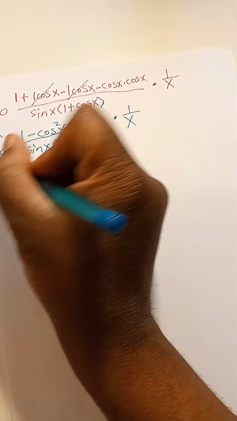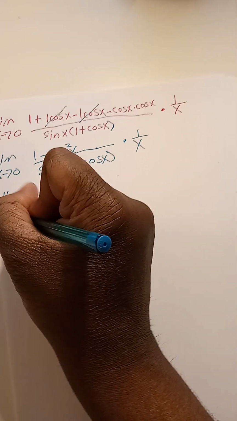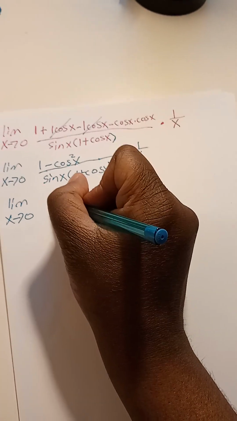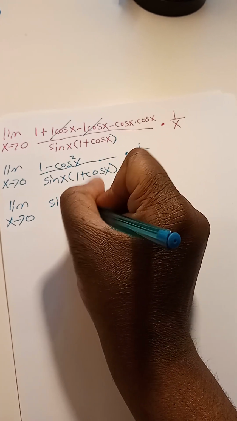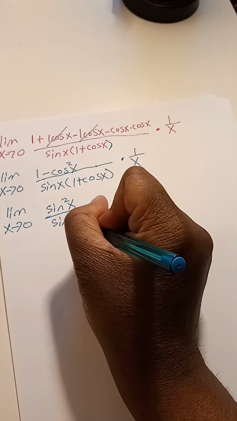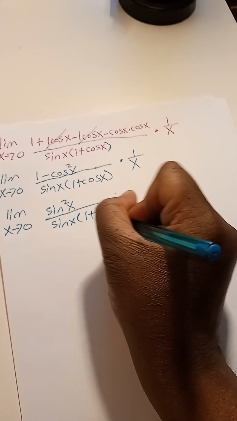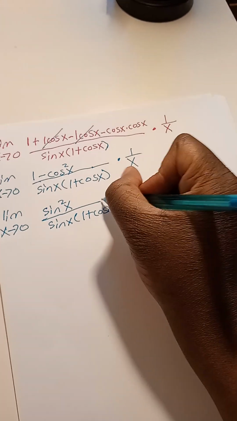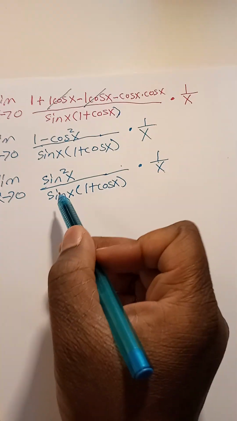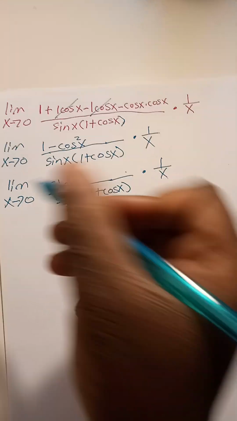So let's replace this. The limit as x goes to 0, and replace 1 minus cosine squared of x with sine squared of x, because that is the trig identity, all divided by sine of x times 1 plus cosine of x, all multiplied by 1 divided by x. So now we need to factor sine squared in the numerator.